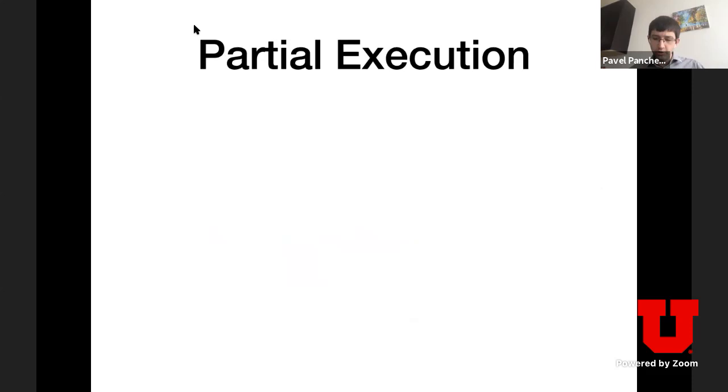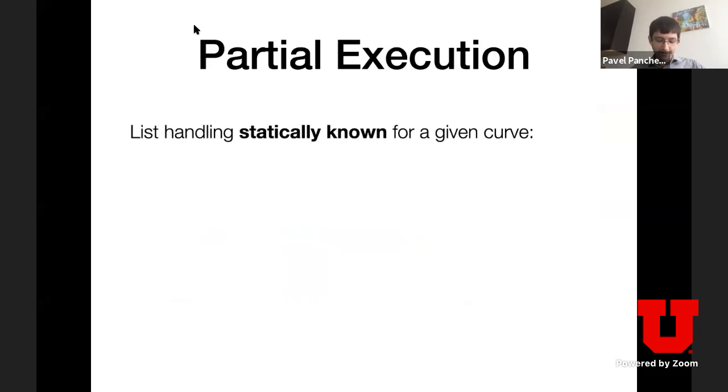And so what you do is remember that in a dependently typed language like Lean or Coq, you have this ability to run computations as part of your proof. Remember that it's a language that mixes both computations of values and proofs in a single place. And it turns out that all of the list handling that your code does is statically known.